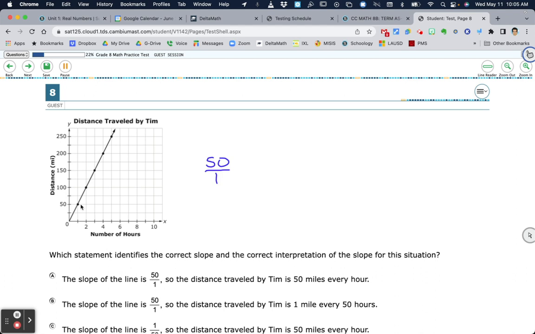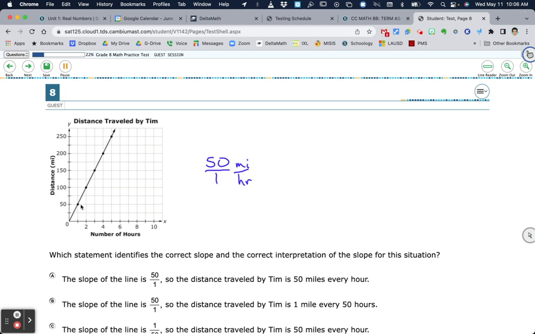What are we measuring on the y-axis? We're measuring miles. What are we measuring on the x-axis? Hours. So what are the units we have? 50 over 1 miles per hour. So which is our choice?